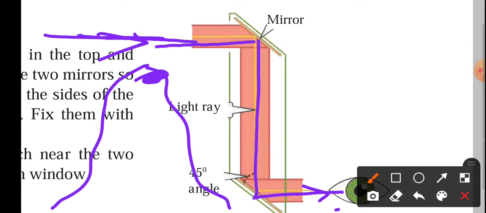So this is very useful for defense in the armed forces. Without coming into the visual area of the enemies, we can see what the enemies are doing on the other side, because the person can hide behind the mountain or the hill and observe what is actually going on on the other side.